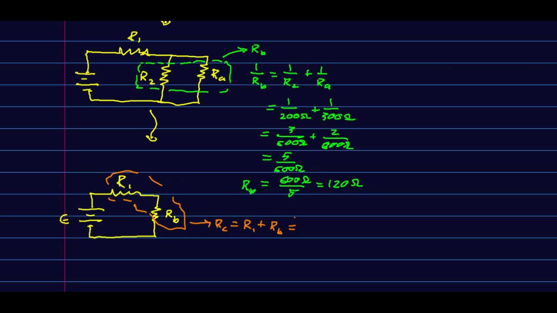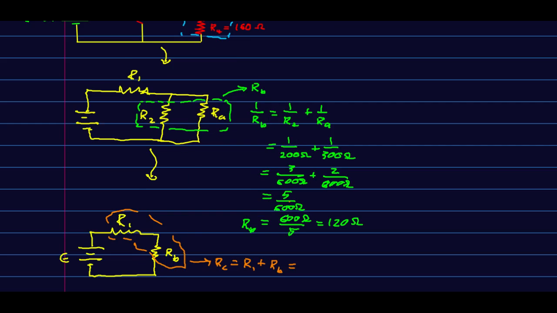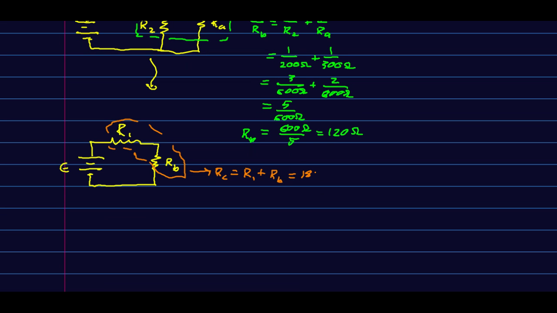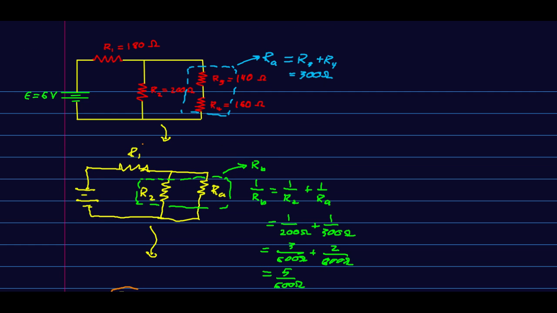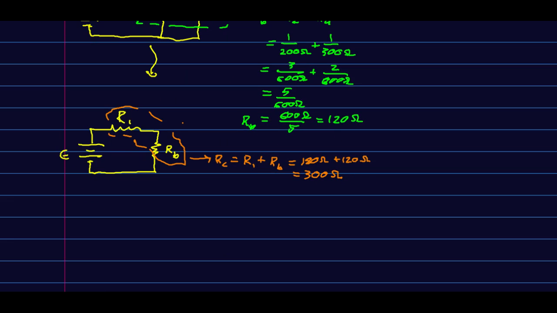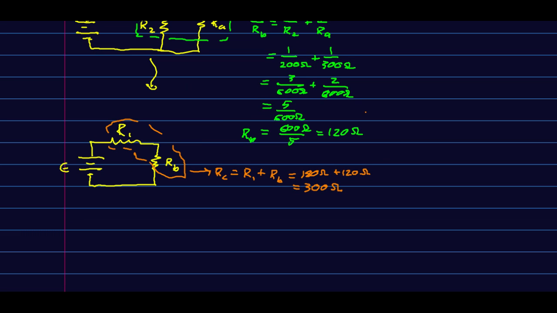And so that is, R1 was 180 ohms, and RB we just found was 120 ohms, and so that is 300 ohms. Now, remember what we actually want is the currents through our original circuit, and it might not be clear to you how we're going to get them yet, but here we go. So our fully reduced circuit is just this.